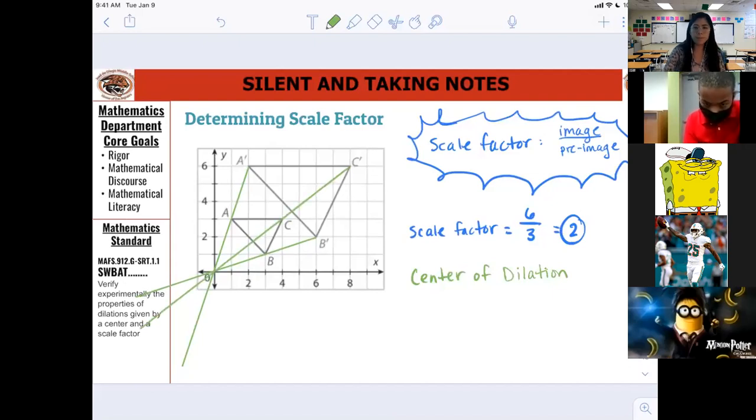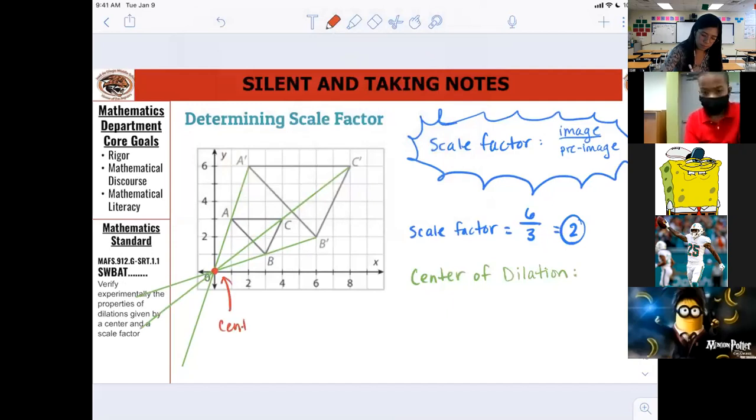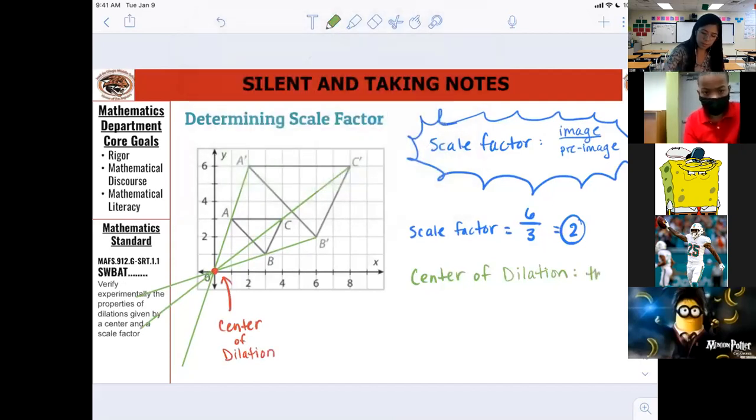Where do they all meet up? At 0, at the origin. So the center of dilation is the origin.